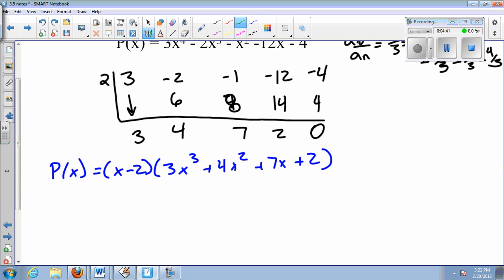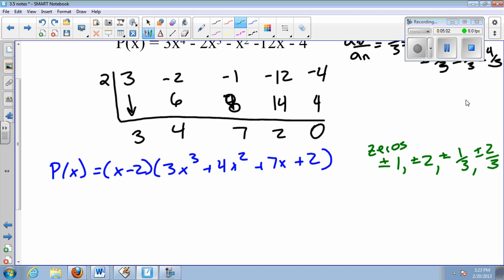So we're going to have possible zeros: positive negative 1, positive negative 2, positive negative 1/3, and positive negative 2/3.